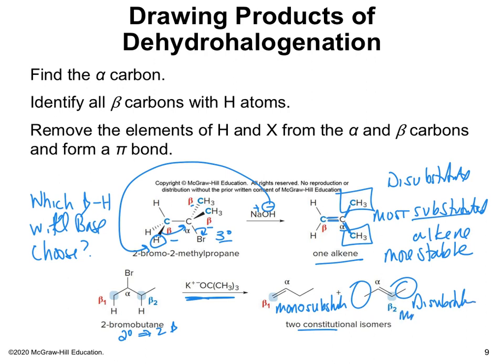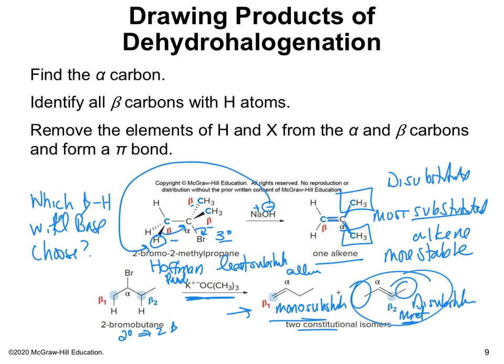This one's going to be more thermodynamically stable than this one, and you'll see that this sterically hindered lots of times gives you the least substituted alkene. And we're going to call that, you'll see that that's called the Hoffman product. The more substituted is called the Zaitsev product.